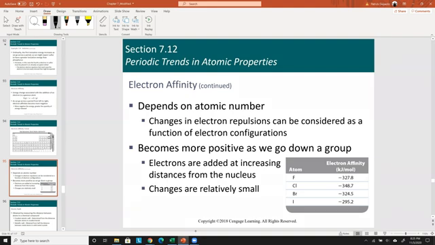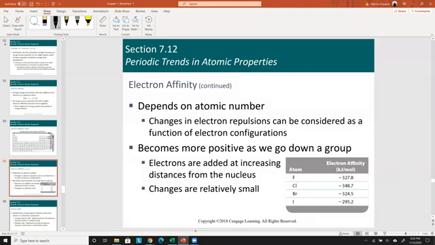If you have a larger atomic number, meaning more protons, then adding an electron would release more energy on average. Well, yeah. So next, it becomes more positive as we go down.